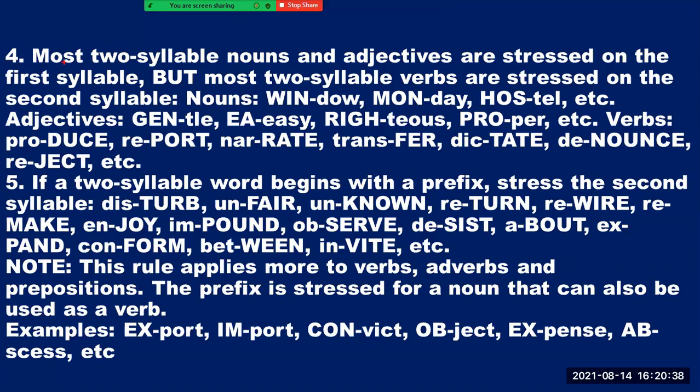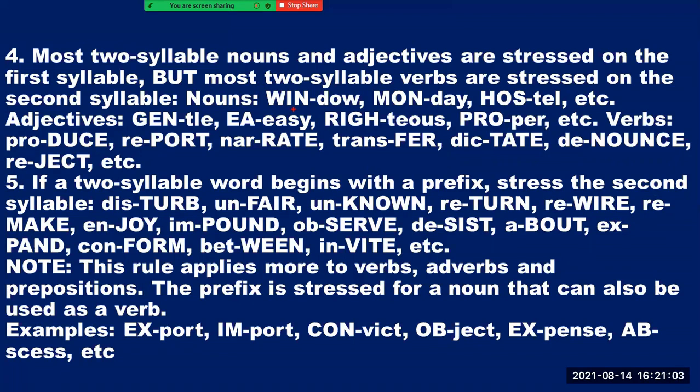Rule number 4: most two-syllable nouns and adjectives are stressed on the first syllable, but most two-syllable verbs are stressed on the second syllable. Already, this is derived from the previous rule. You know, most two-syllable nouns are stressed on the first syllable, and most two-syllable verbs are stressed on the second syllable.